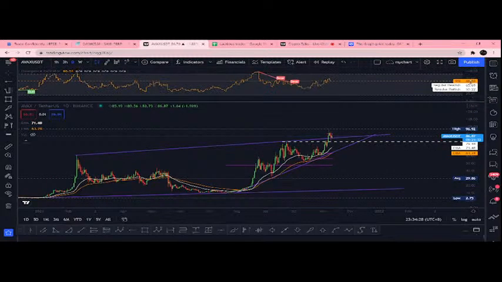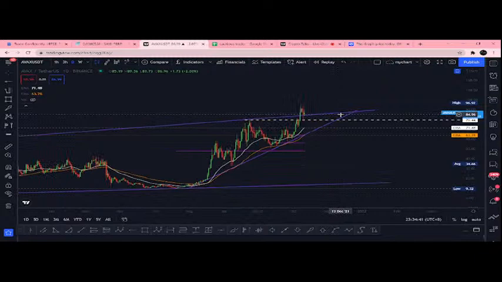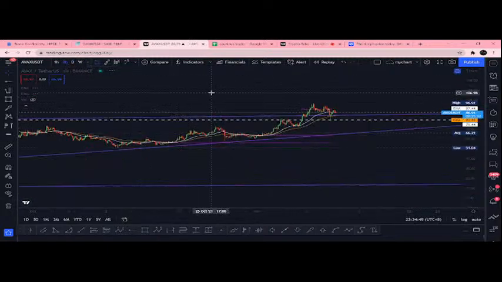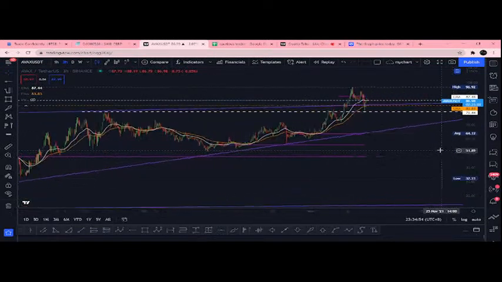And this is a possible bearish divergence. So I'll just wait a bit around this area. 79, which is the previous highs. I'll try to check on the rest of the lower time frames.